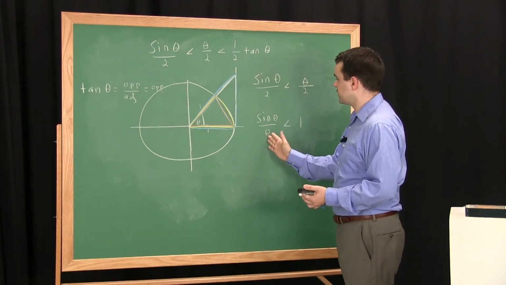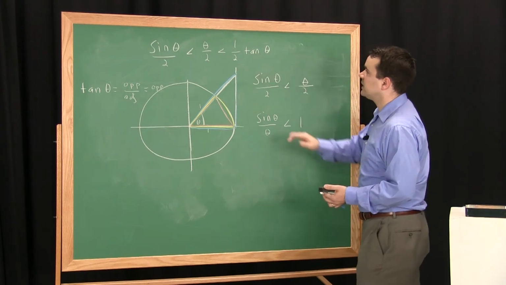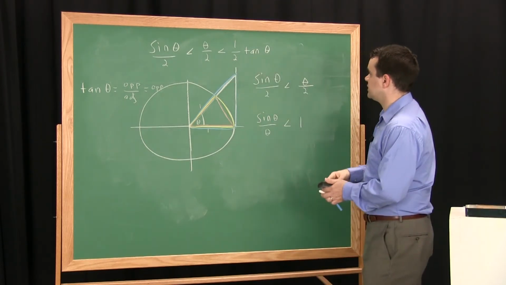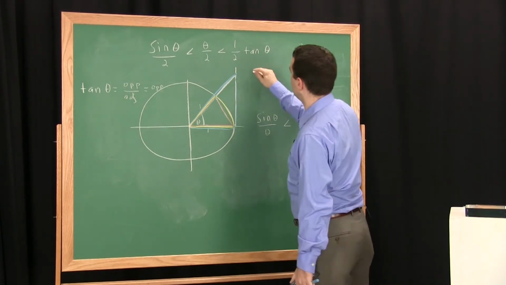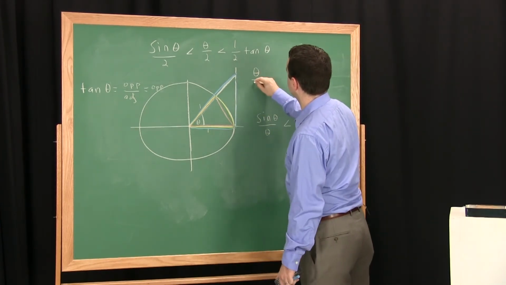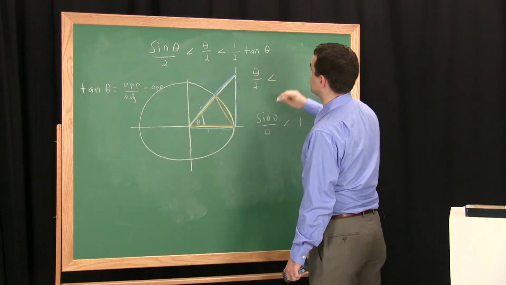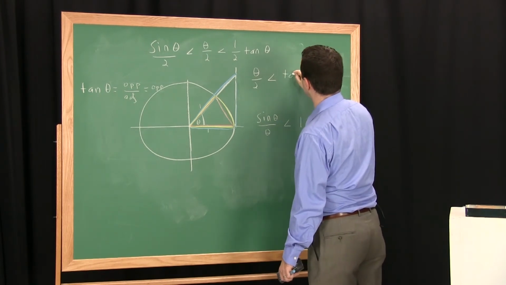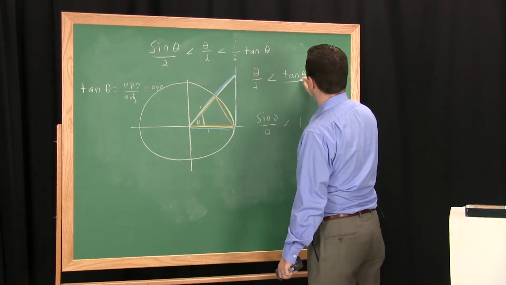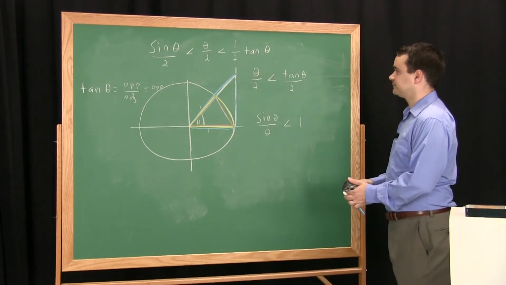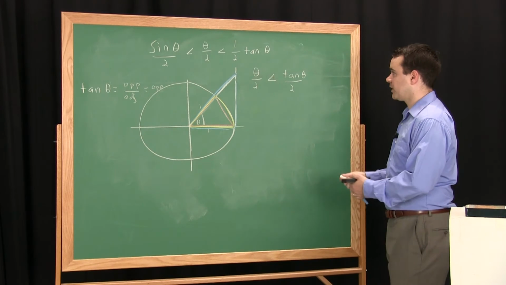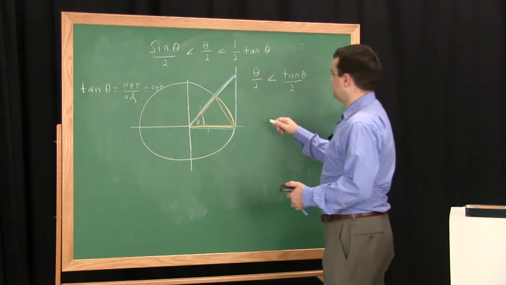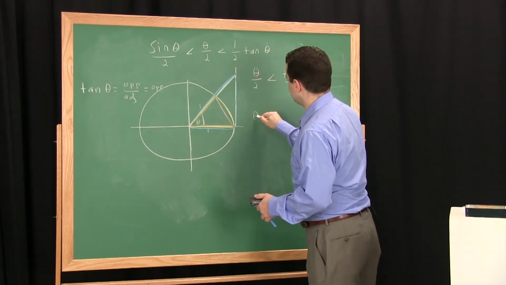I also wanted to show that it's bigger than cosine theta. And how can I do that? I'm now going to work with this inequality. So I'm now going to work with theta over 2, which I know to be less than tangent theta over 2. Let me erase this for the moment. Keep on working. So I can multiply both sides by 2.